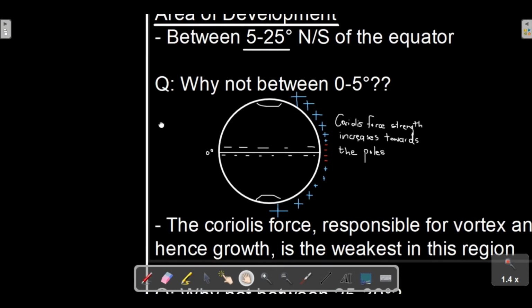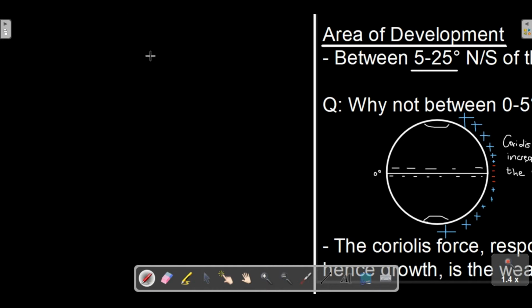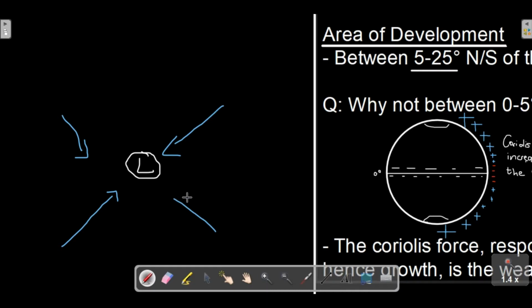So remember Coriolis force, we said that this is a force that's actually responsible for the spiraling of winds. So you'd find that when you have an area of low pressure, air masses from relatively higher pressures will move towards this low pressure.